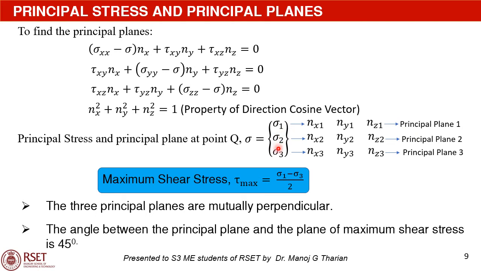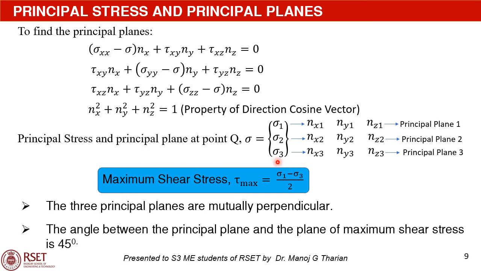Also, corresponding to sigma 2, that is, by substituting the value of sigma 2 in this set of equations, we will get the direction cosines of the normal to the principal plane 2, that is nx2, ny2 and nz2.